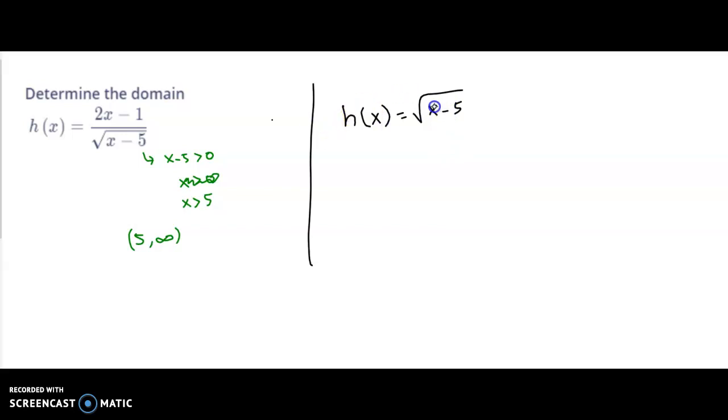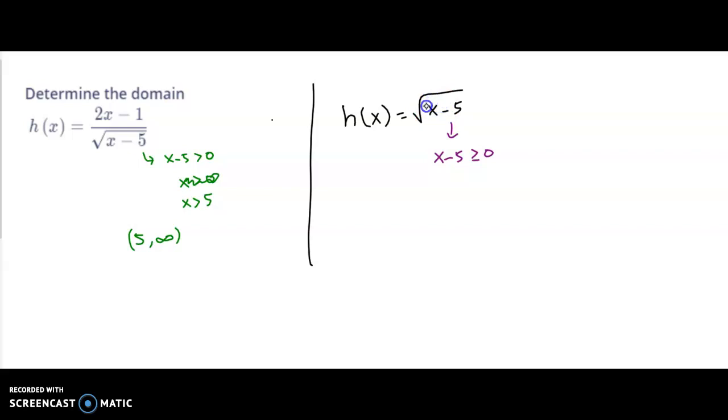Without the fraction, all right? And so if it's just the square root of x minus 5, for this one, it can equal 0. So this would be greater than or equal to 0, right? Because the square root of x minus 5 is not in the denominator.